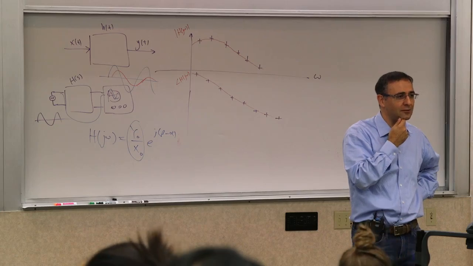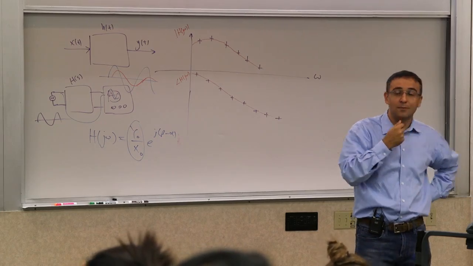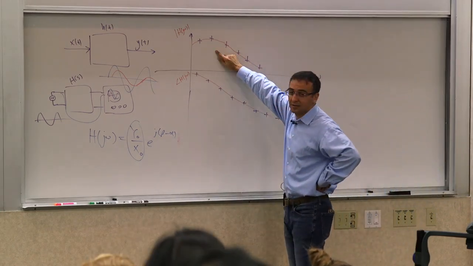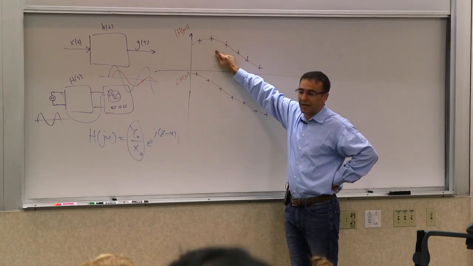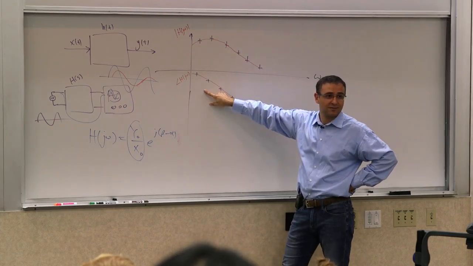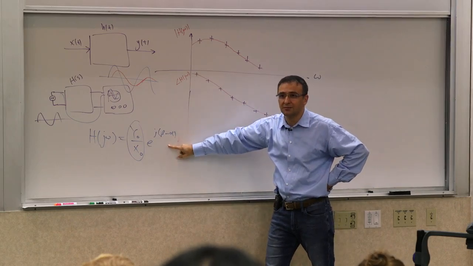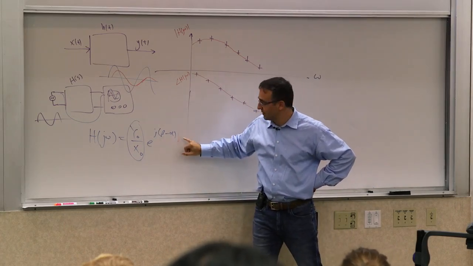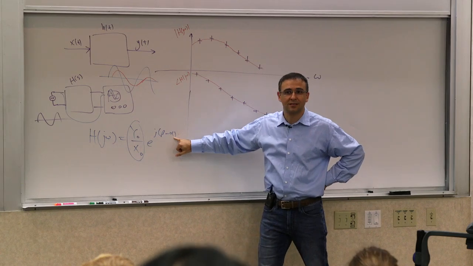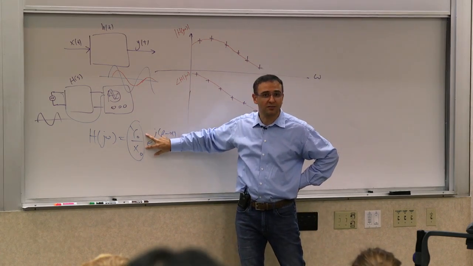What would you do to calculate that one? The product of these, right? How about the phase part? It would be the sum of the phases, right? Because when you multiply these e to the j's, the phases just add.